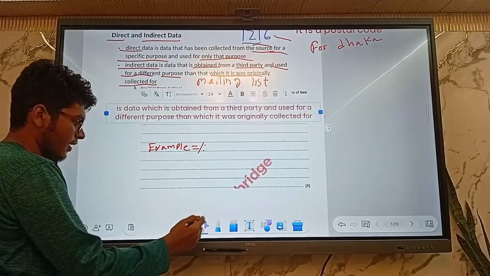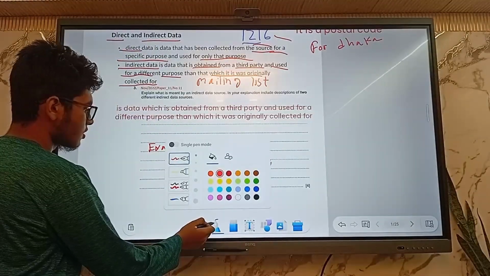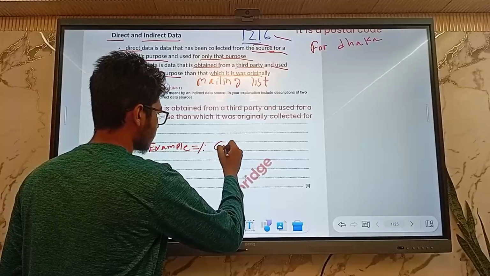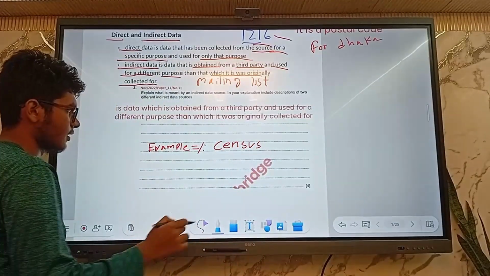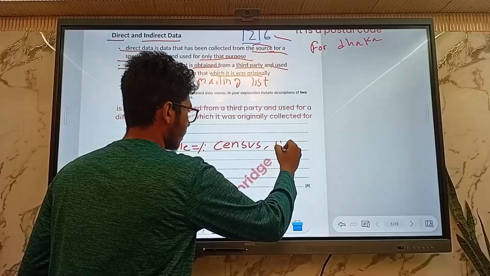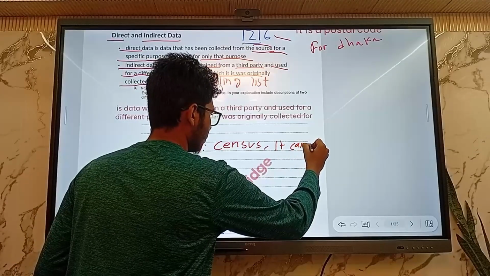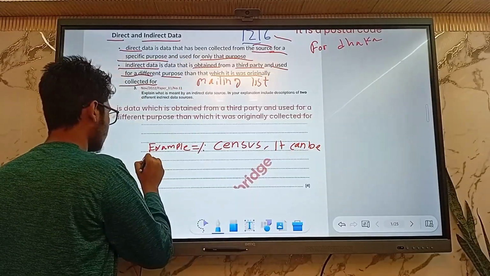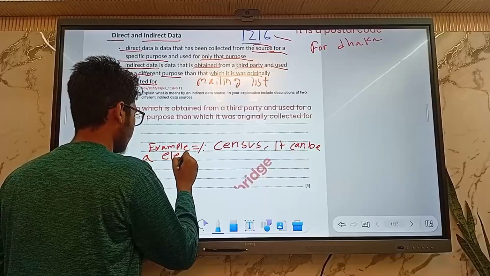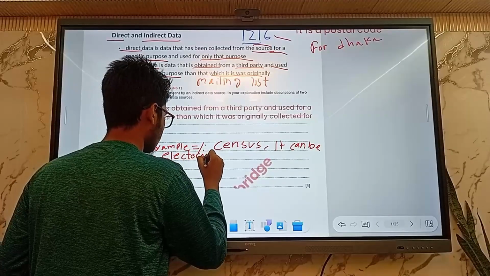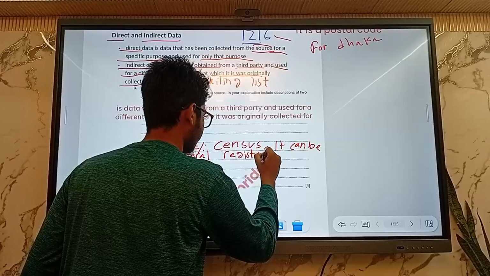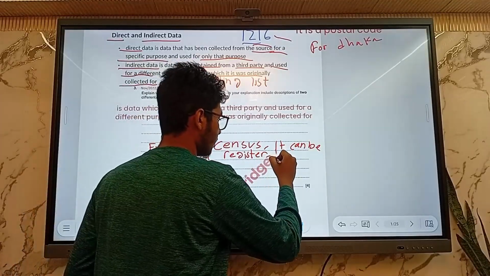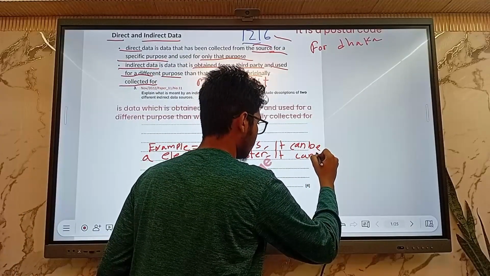So what can be the examples? The examples can be a census. It can be an electoral register.